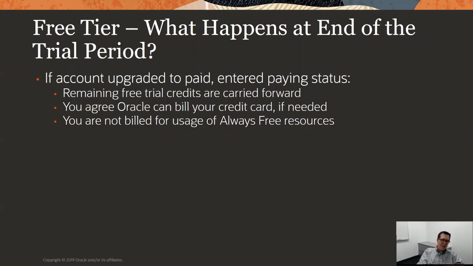That's the key change. So if you're upgrading to paid, you agreed that if you use paid stuff, Oracle can charge you to use the paid stuff. If you had free trial credits left over, you didn't consume them all on paid resources during the trial period, so there's some spillover, those free credits will carry forward. So if you still have your 300 intact, you can still use your free 300, even after you've upgraded to paying status.